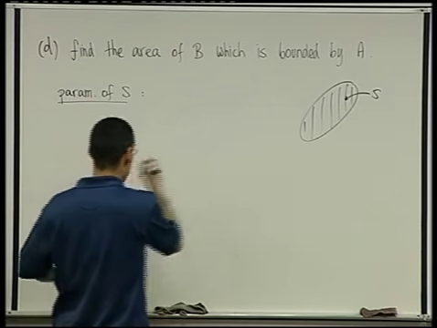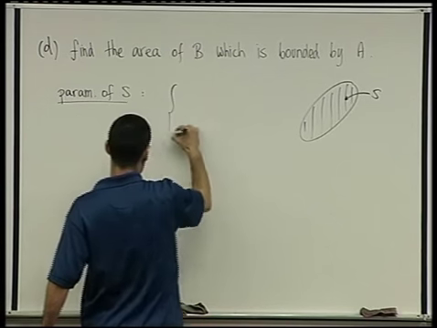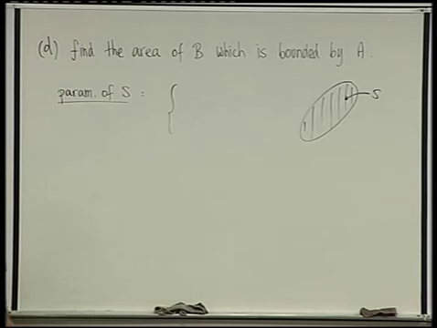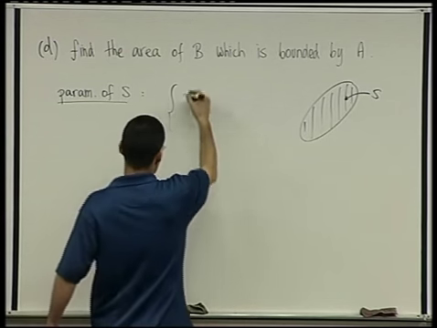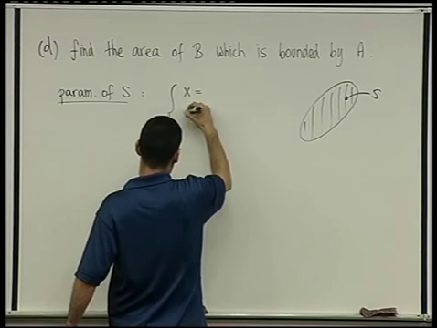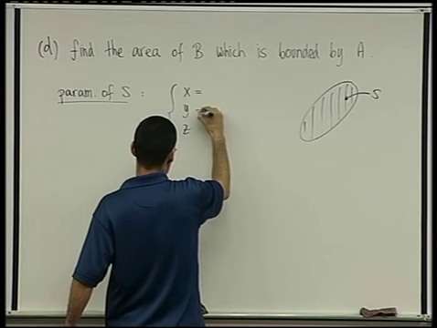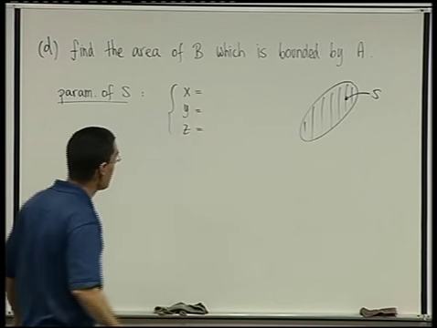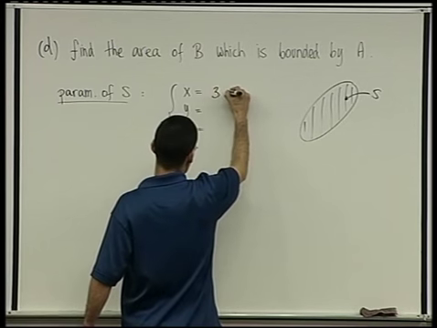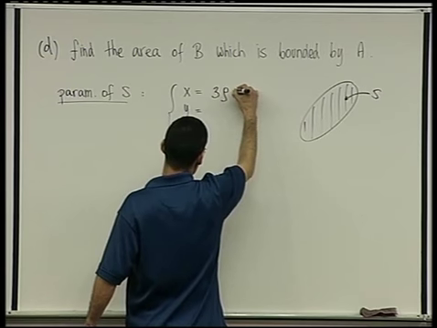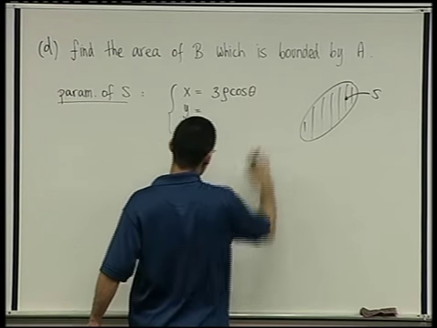So we're going to have, again, it's going to be based on these elliptic coordinates. So again, there are going to be an x, a y, and a z. Let's not forget the z this time. X is going to be 3 rho cosine theta.